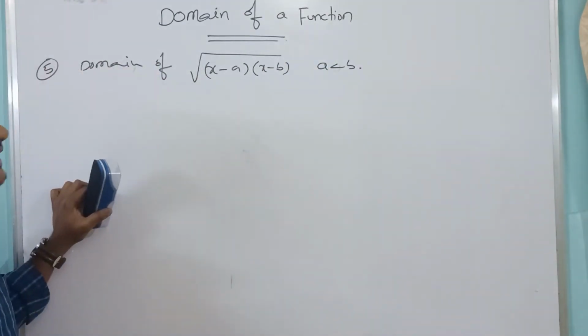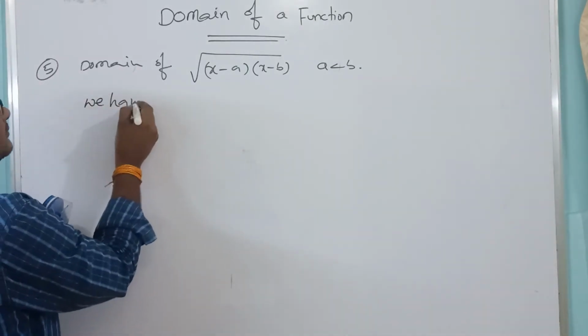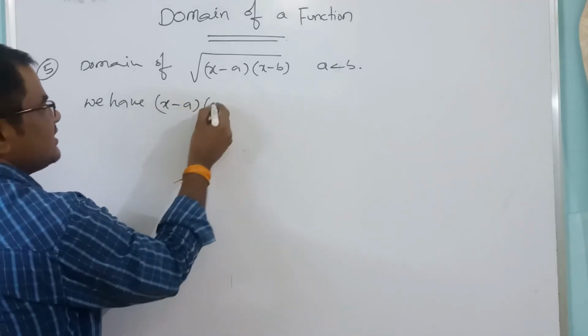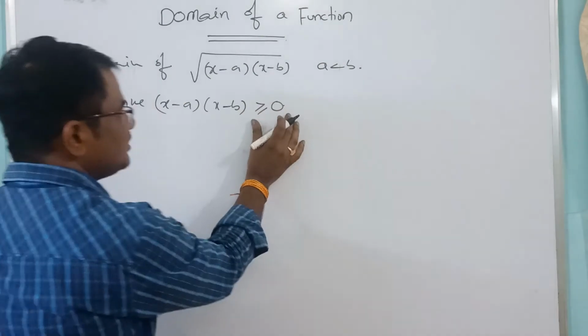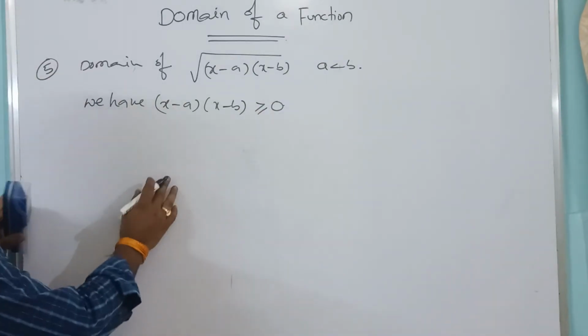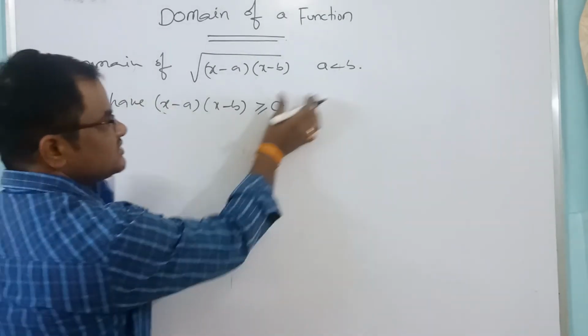What do we have to do? a less than b. So we have x minus a times x minus b greater than or equal to 0, since the value under the root is non-negative, greater than or equal to 0, right? Now x minus a times x minus b greater than or equal to 0, a less than b.